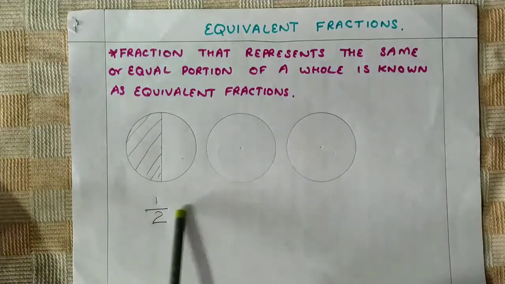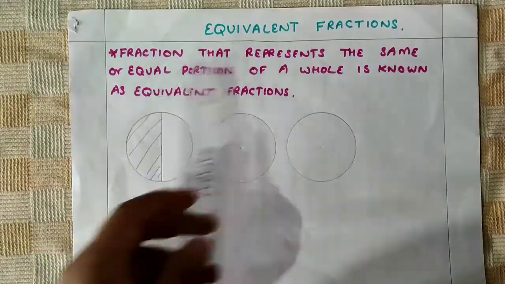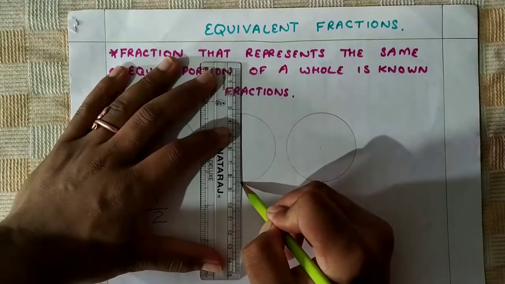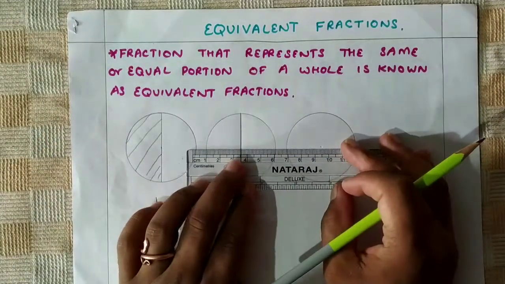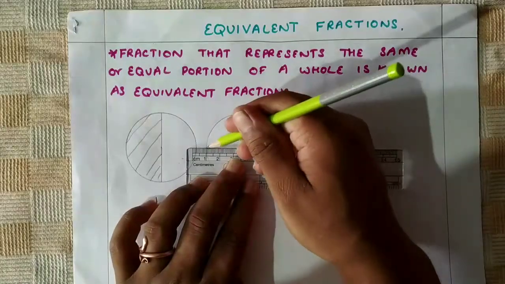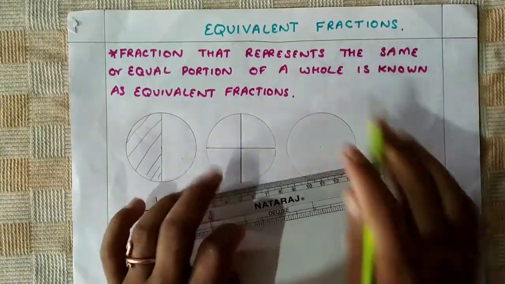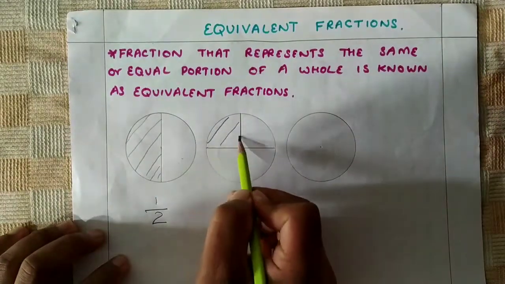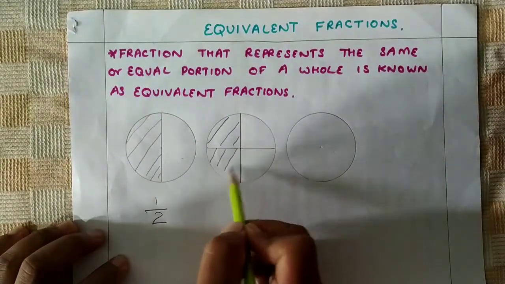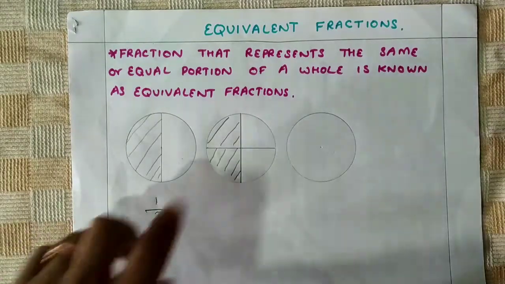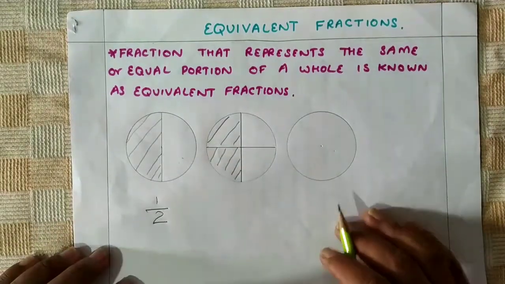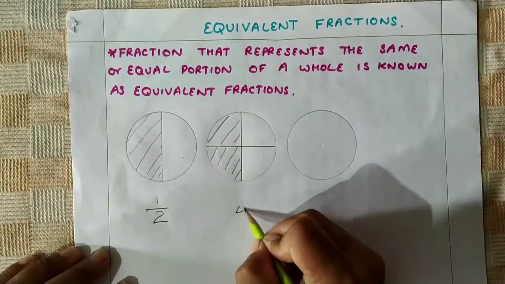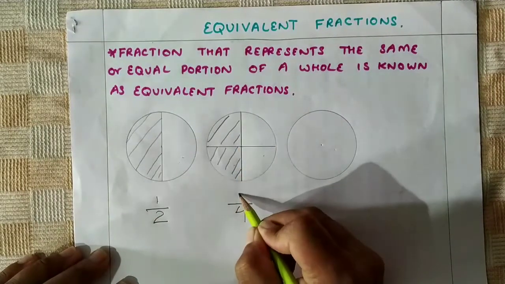Let's take another pizza and divide it into 4 equal parts. Among the 4 equal parts, I've eaten 2 parts.